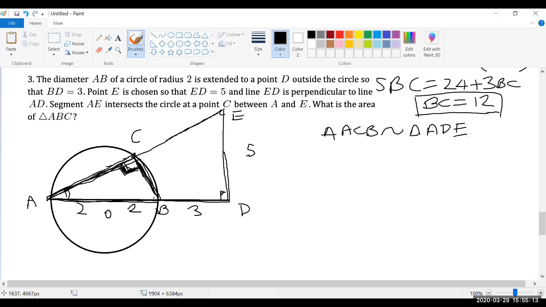And what does that mean? Well, now we know that AB over AE, so the hypotenuse of triangle ABC and the hypotenuse of triangle ADE, equals one of these lengths over 5.